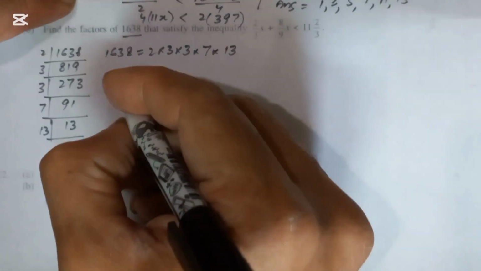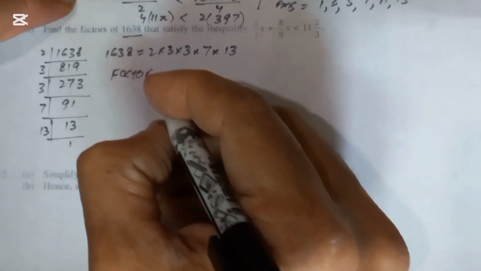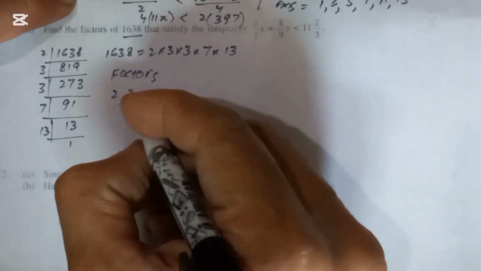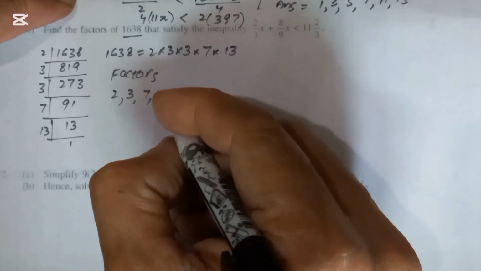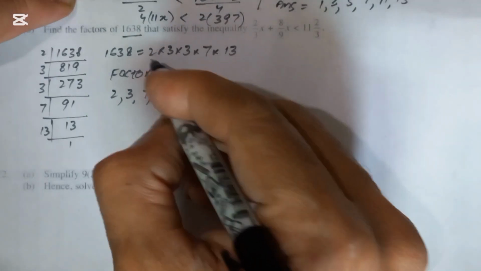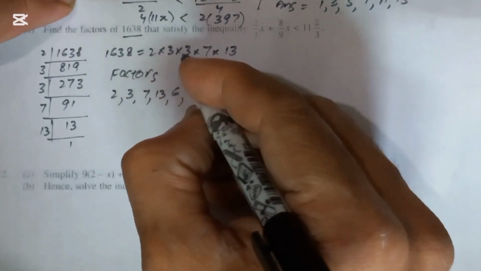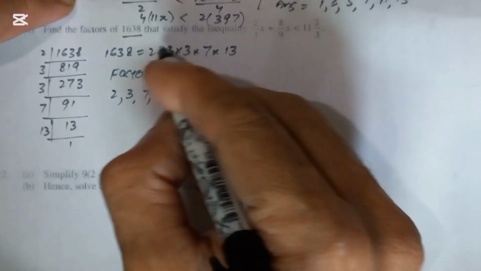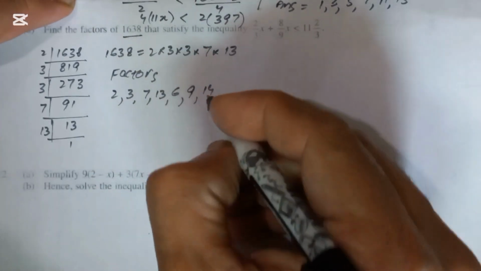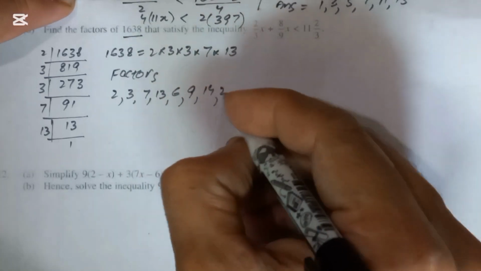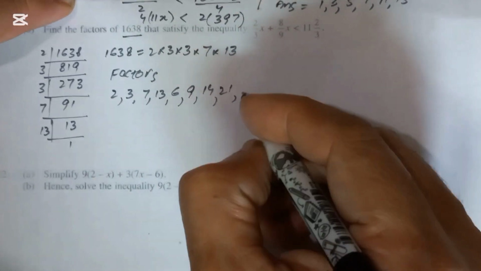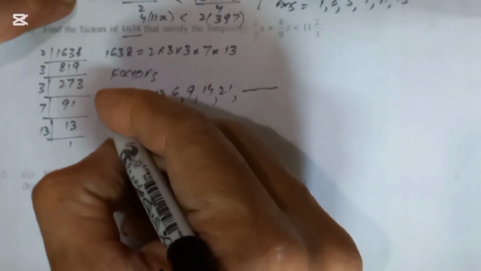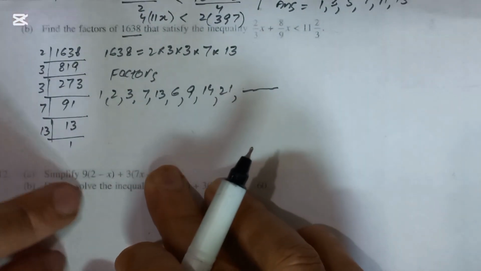And from here we can check the factors are 2, 3, 7, 13, and then 2 3s are 6, 3 3s are 9, 7 2s are 14, 7 3s are 21, and so on. So these are some factors, and 1 is definitely the factor of all the numbers.